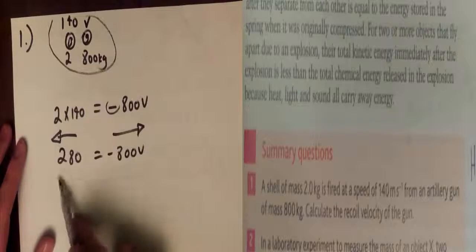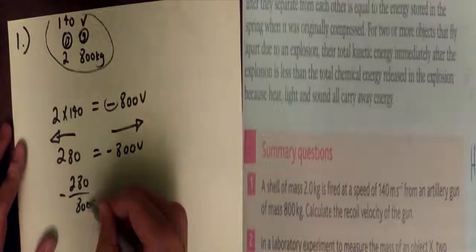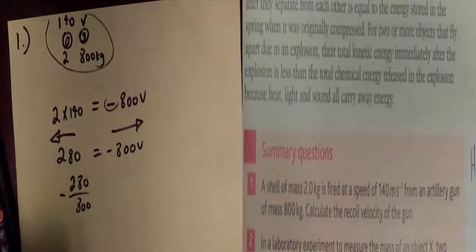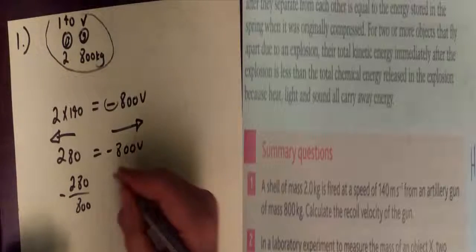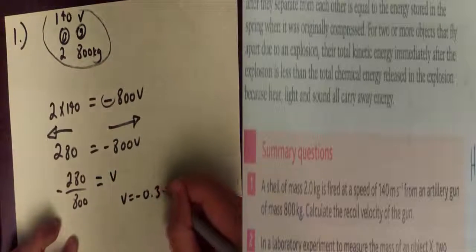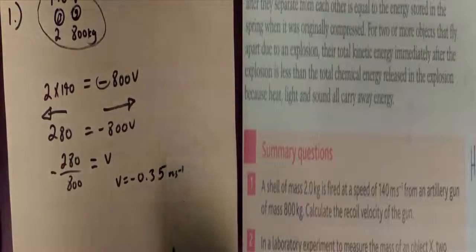If we move this down, we end up with this. So V is equal to minus 0.35 meters per second. Obviously, this will be in the opposite direction to the bullet.